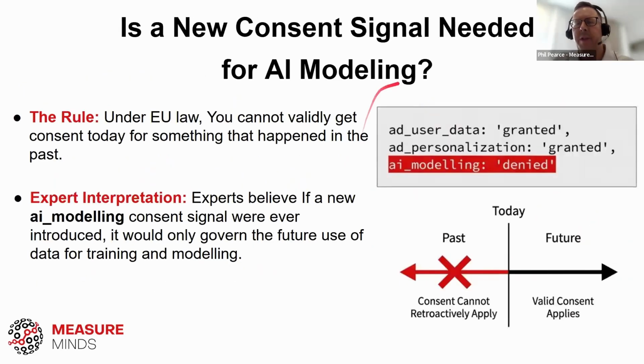I just want to mention this point. Actually, this is an important one. As I mentioned earlier, I'm seeing that ad personalization field be used for the "do not train" signal. However, there's a massive problem with ad personalization, which is that CMPs bundle consent.